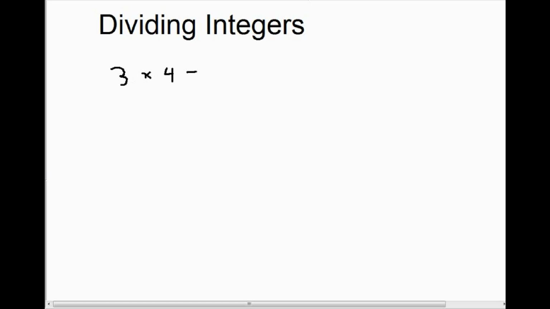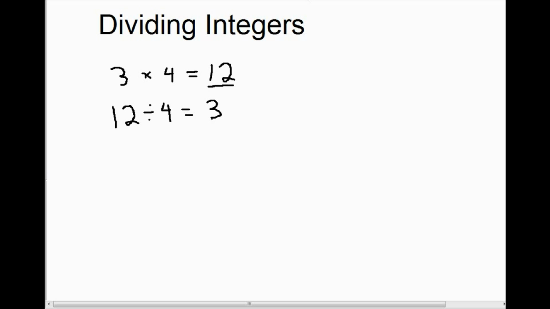Well, we can extrapolate a couple of division questions from this multiplication question. If we take the answer to this multiplication question and divide it by either one of the other numbers here, so suppose we had 12 divided by 4, well, we know the answer is 3.